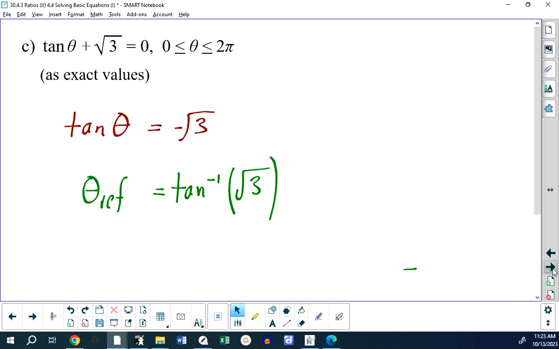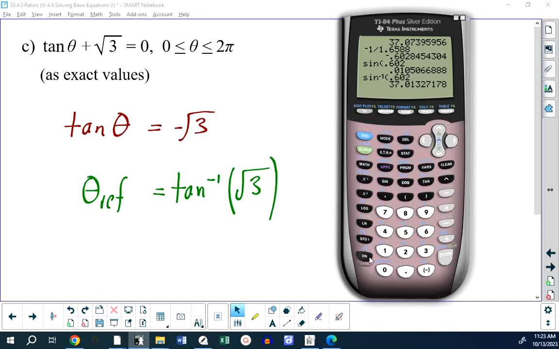Okay, so if you want it in radians, inverse tan of root 3 in radians is an unrecognized exact value of radians. I know what that is, by the way, but don't worry about it. I can tell you it's pi over 3. But you can't tell by looking at that.